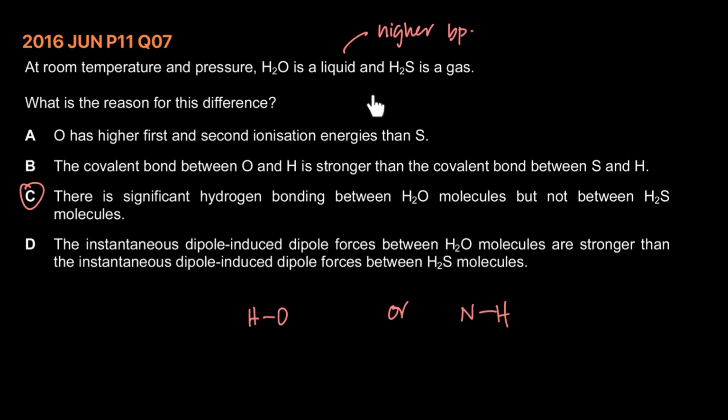So even if these are polar, they will have permanent dipole attraction, which is going to be greater than their induced dipole. So remember one thing though, if it's a non-polar molecule, it will only have instantaneous and induced dipoles. If it's polar, like H2S, within the molecules there will be instantaneous dipole attraction, but stronger will be the permanent dipole attraction.